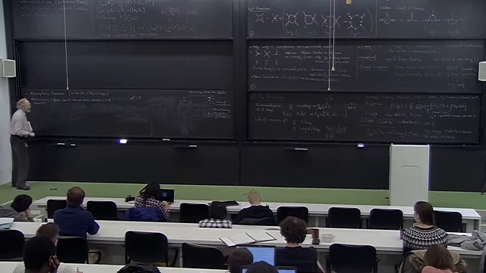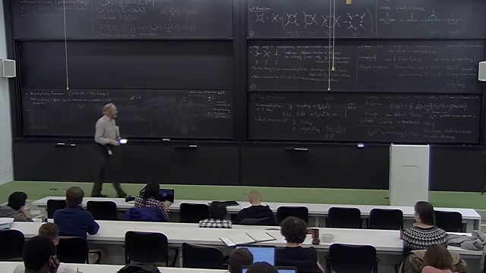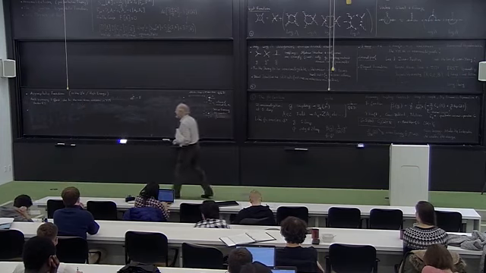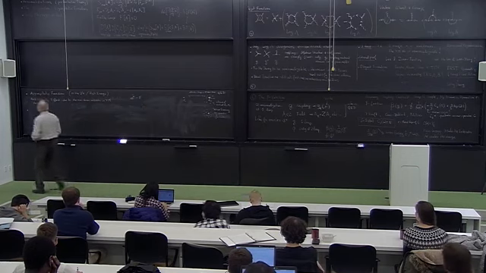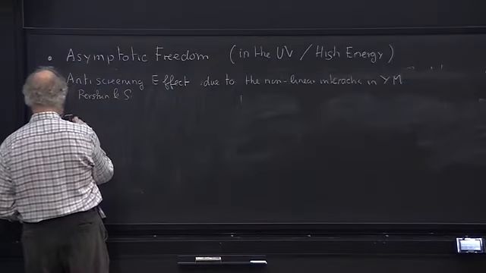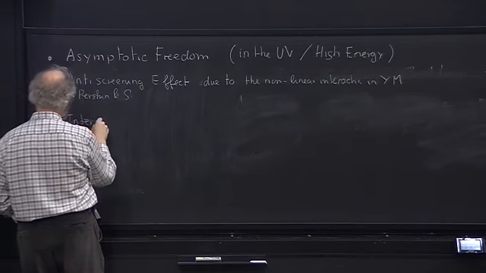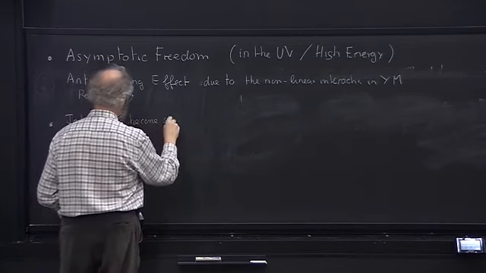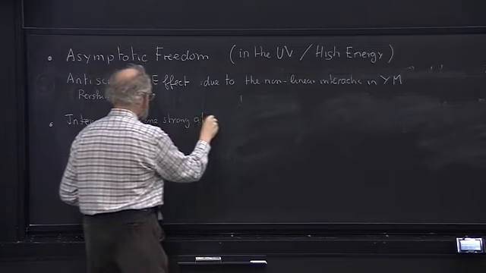Okay. So now, an important consequence of asymptotic freedom is, of course, that interactions become strong at large distance.